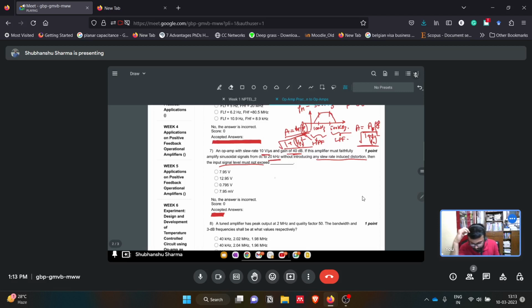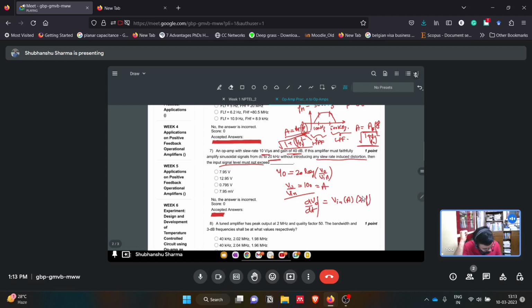So we know 40 dB is 20 log V naught by V in. This is the gain given of this op amp. Based on that, V naught by V in equals 100. That is the closed loop gain of this op amp. If we talk about dV naught by dt, that is V input times A times omega, where omega is 2 pi f.